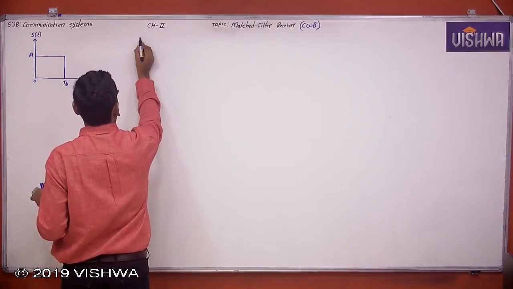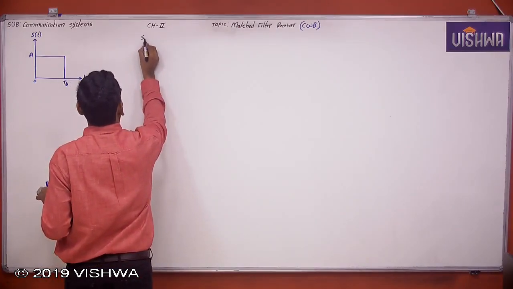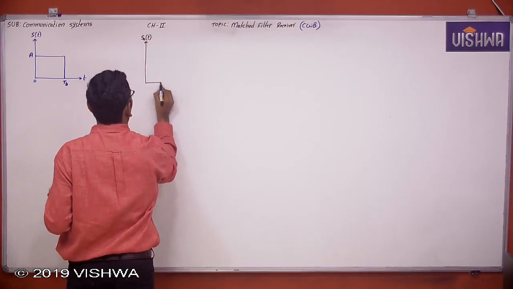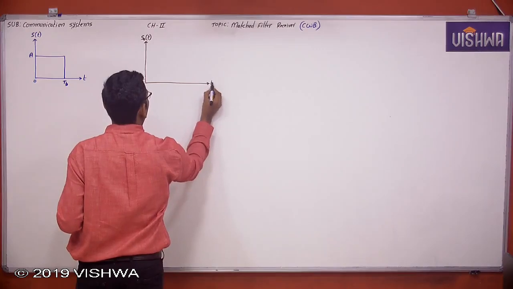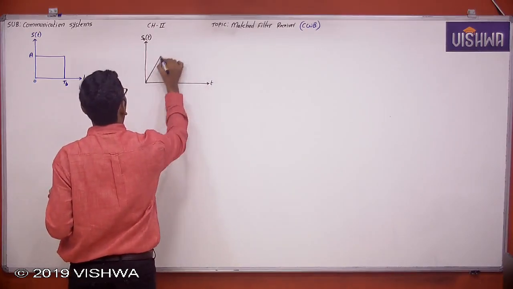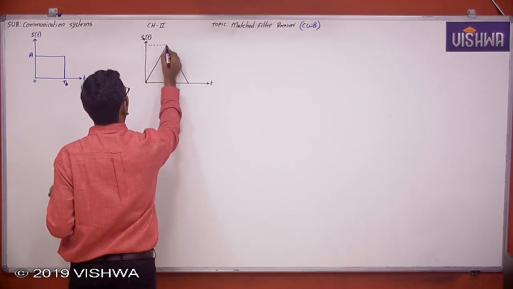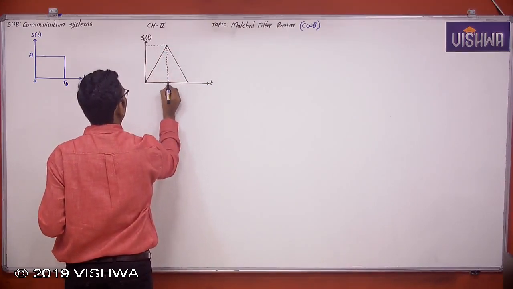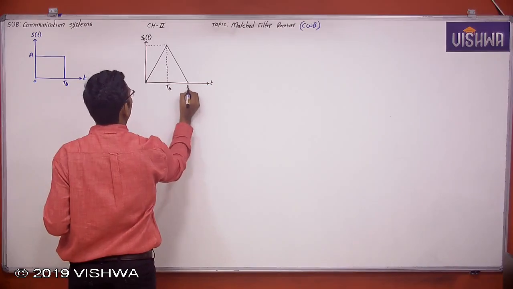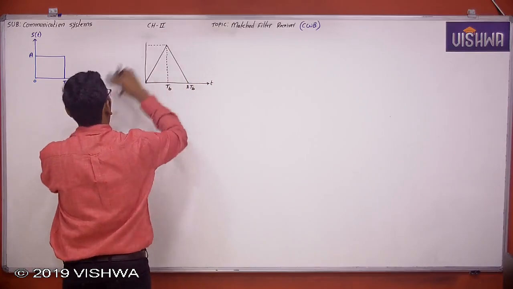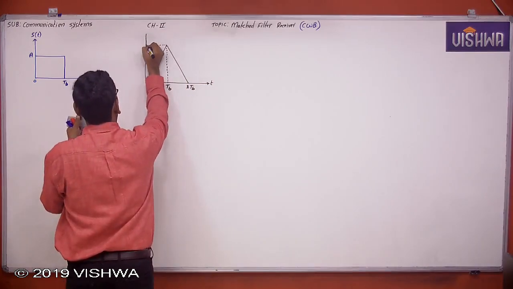The output of the filter you are getting is also a rectangular pulse. Now compare these two and we can form a few important relations.